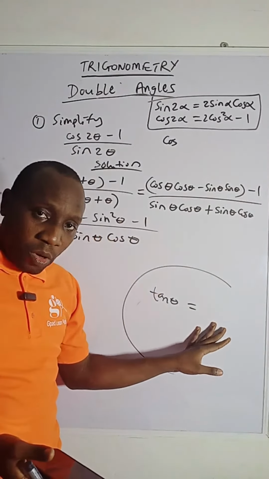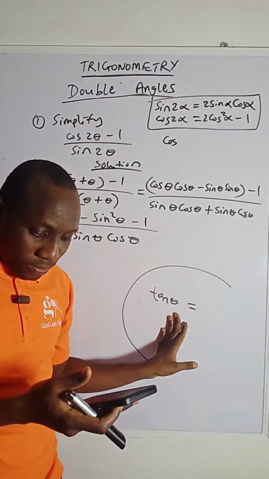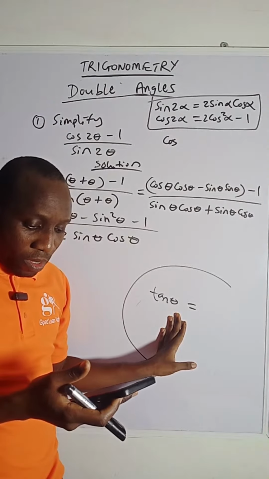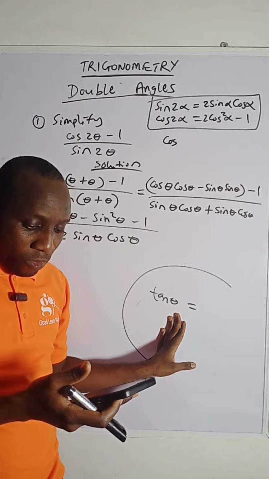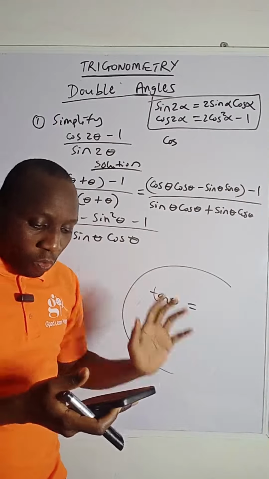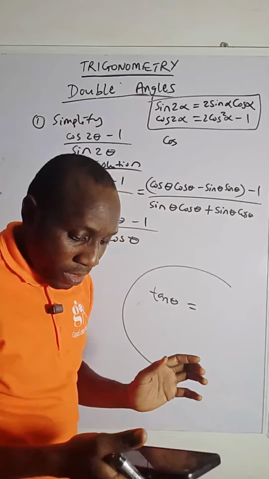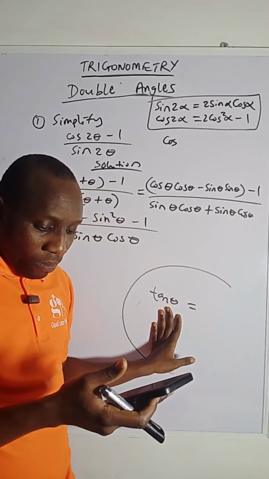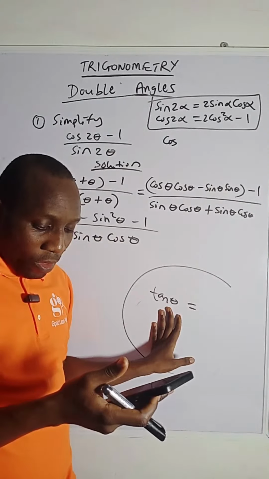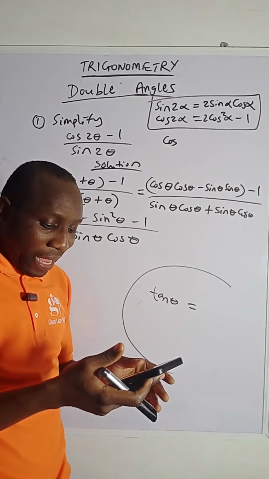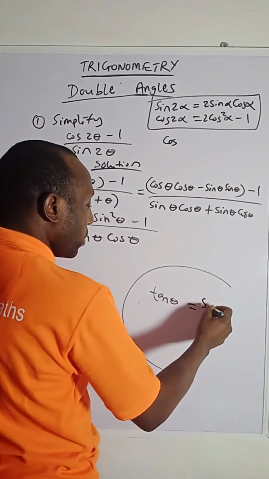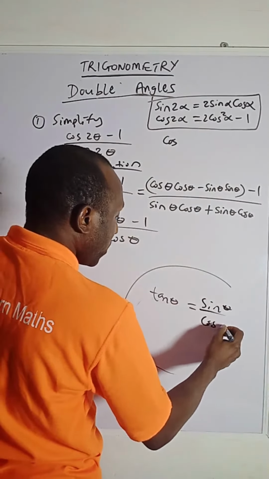Please, I want you to be active in this live stream. Yes, thank you, and Antares, thank you. So tan theta is equal to sine theta over cos theta.